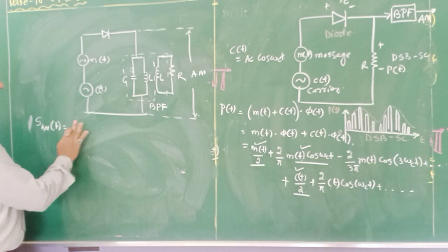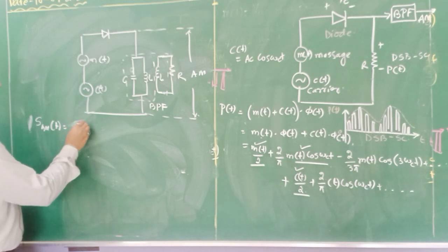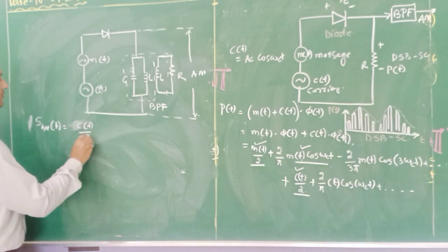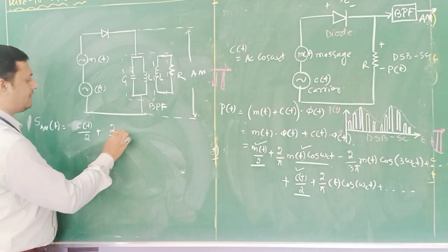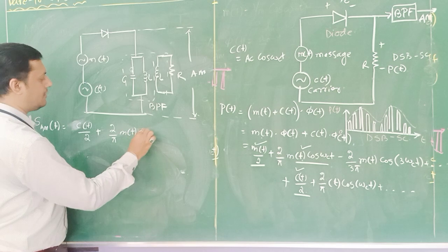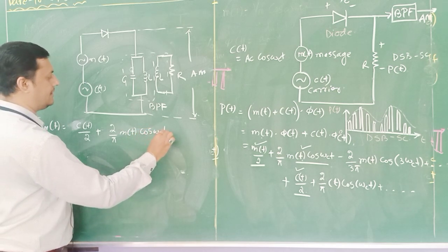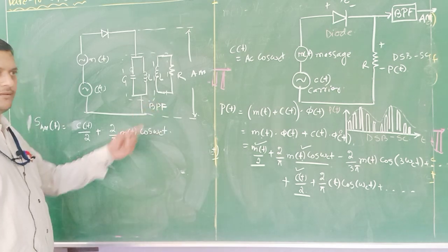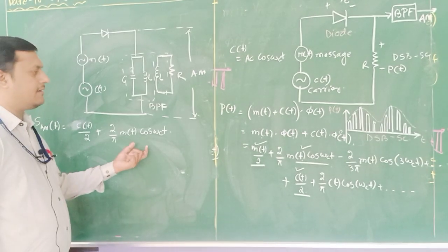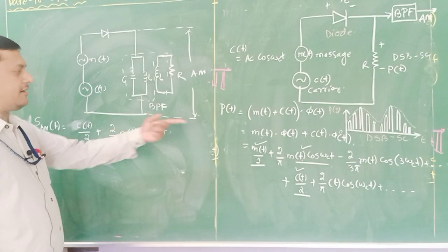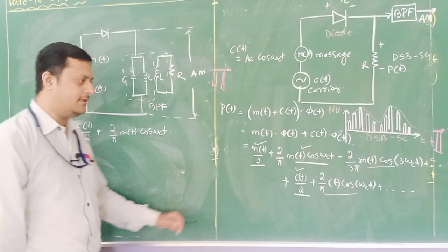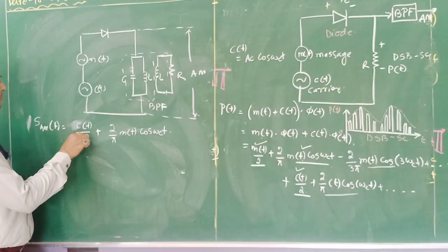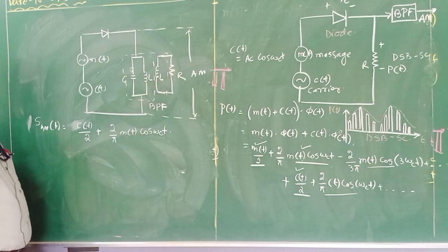First I will get the carrier component, that is C of t by 2 plus 2 by pi M of t cos omega c t. Okay, so these are the parameters we are getting after suppressing the higher components. This is the output at the band pass filter.